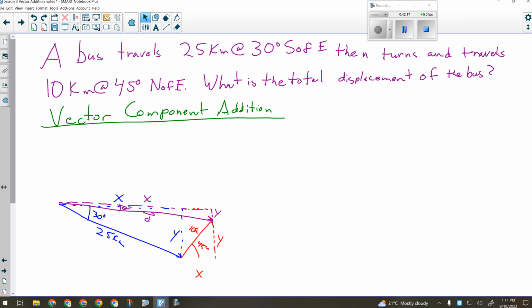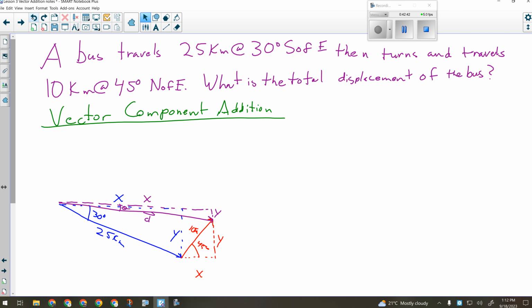Looks like it to me, right? I just took the line I drew for red x and stuck it on the end of the blue x. Looks to me like it adds up to purple x. Would you agree? This isn't any different than the camper who went to the lake question. Okay? If I add the easterly parts together, I'll get how far east I went. If I add the north and south parts together, I'll get how far north or south I went.